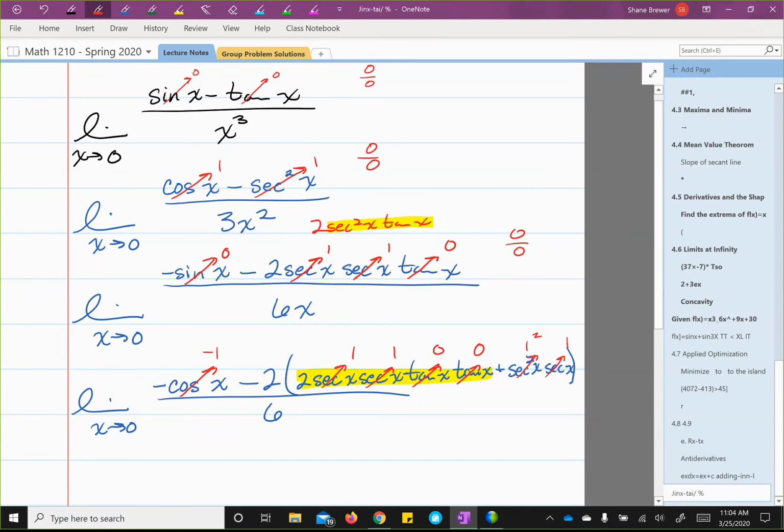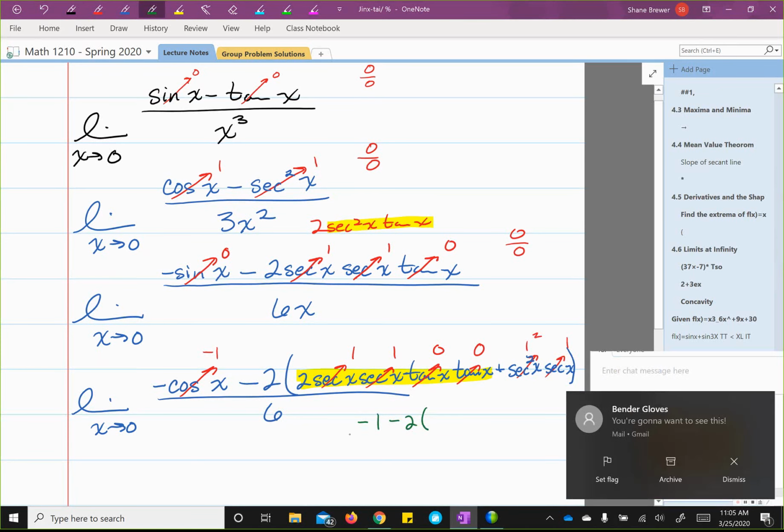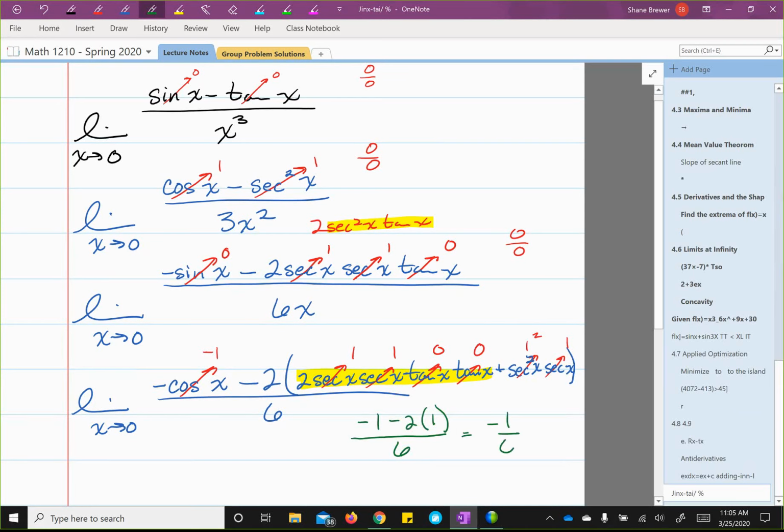So it looks like this becomes minus 1 minus 2 times 1 over 6. So negative 1/6. Sorry, negative 3/6. Or negative 1.